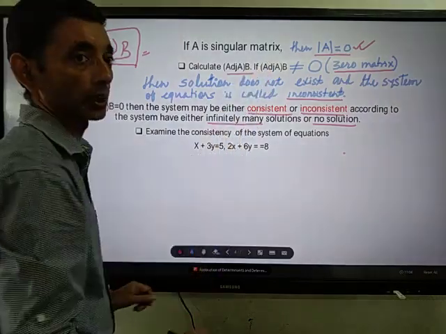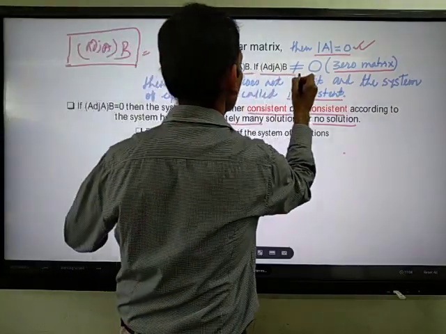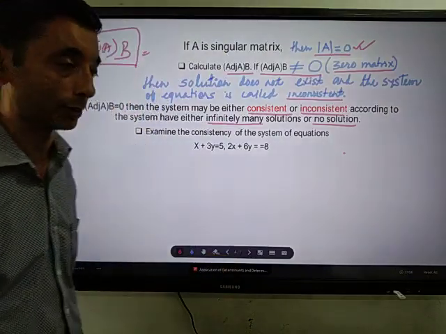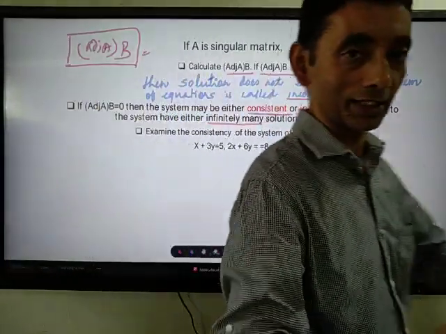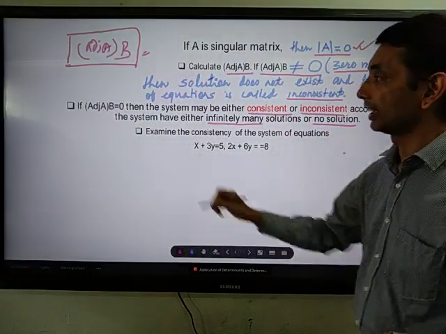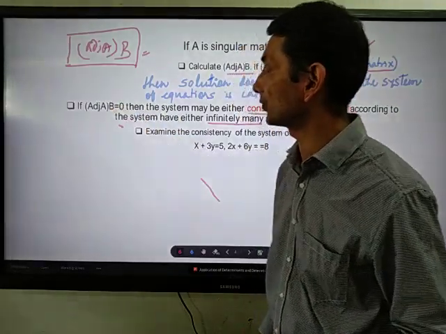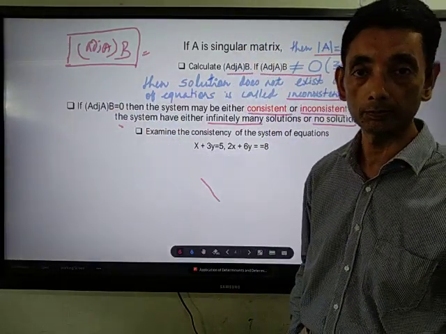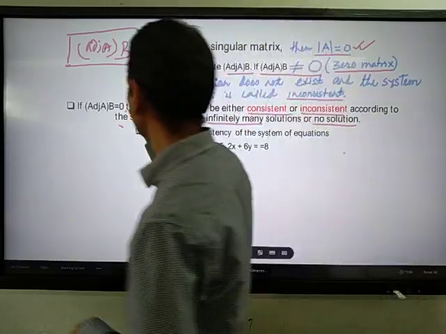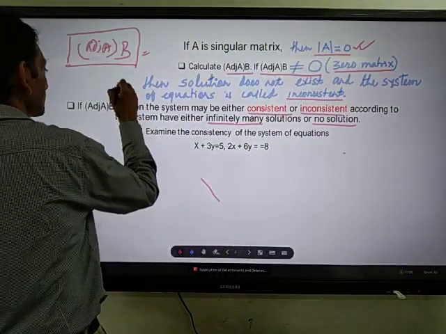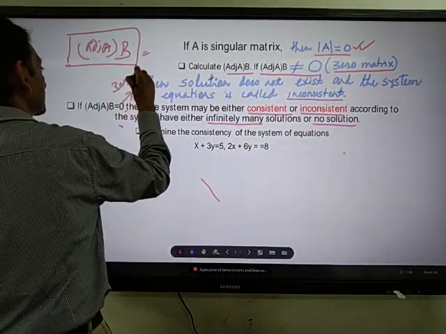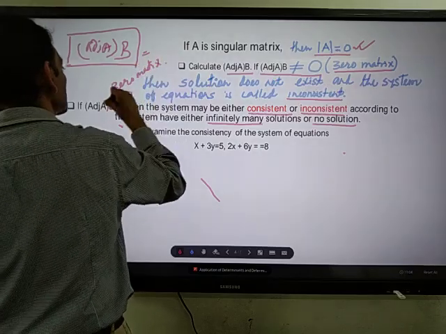Okay, this is for case 1, in case adjoint of A into B is not equal to 0. Now come to the next point. In case you get adjoint of A into B equal to 0, you should understand this is a 0 matrix. So that is the second case.